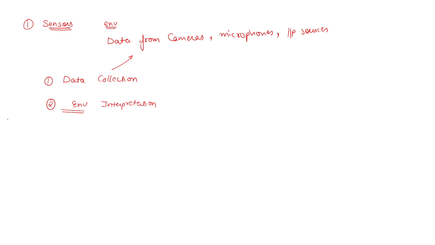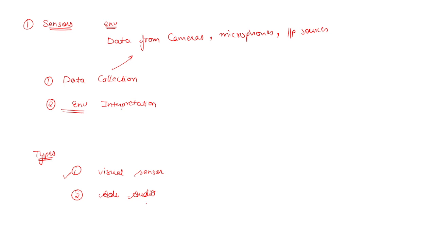Other than the key aspects, we have some different types of sensors as well. The first type is the visual sensor. Visual sensors include cameras, for example in autonomous vehicles. Another is the audio sensor, which is your microphone.